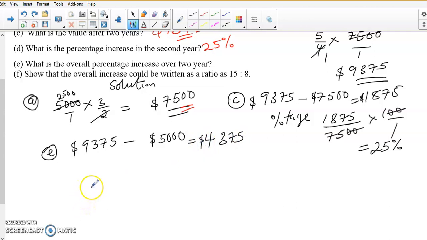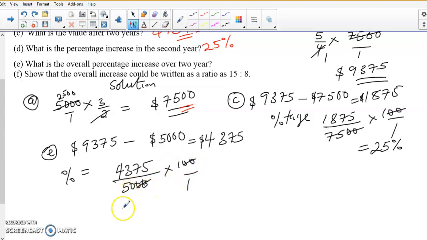Therefore, what we have as the percentage will now be this amount, 4,375, divided by the initial amount, 5,000, times 100 over 1. So if I cancel this by this, there remains 50.